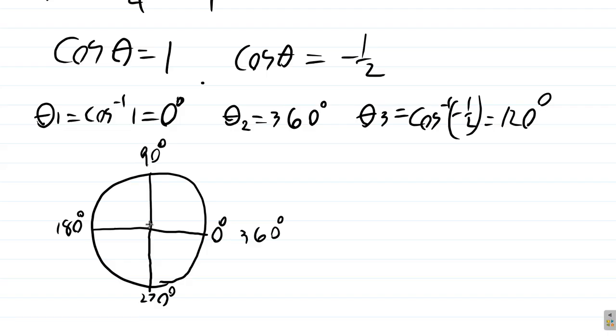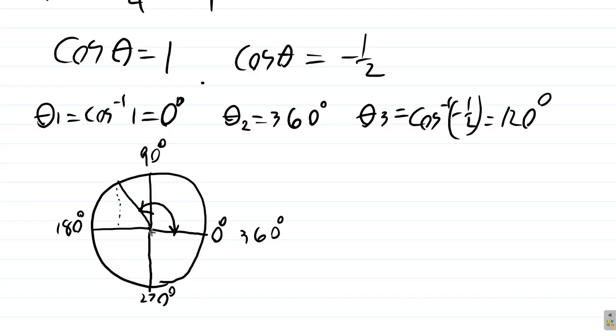Now here, adjacent over hypotenuse. If you consider this, then the adjacent would be this length and the hypotenuse would be here. This would be the angle, 120 degrees. Now, where else does this happen?